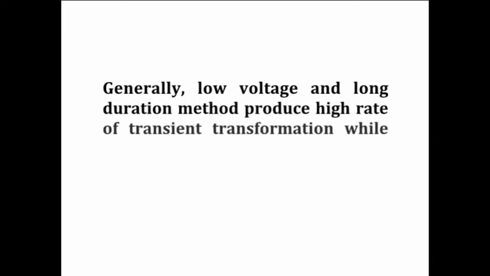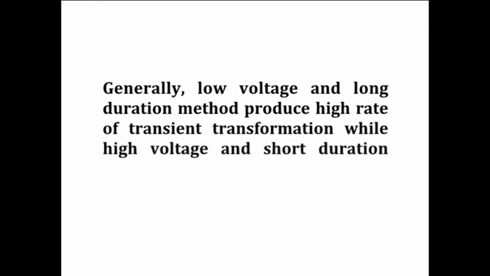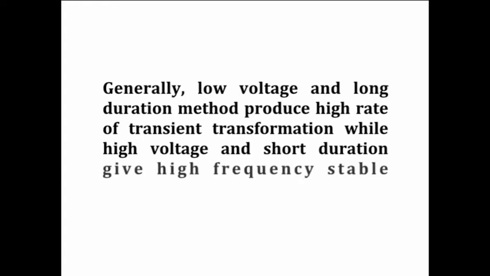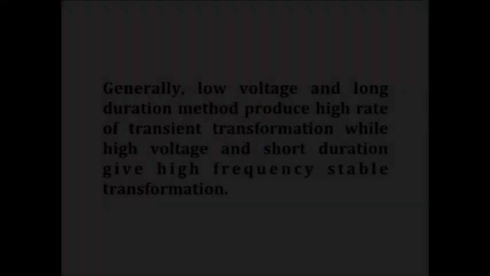Generally, low voltage and long duration method produce high rate of transient transformation, while high voltage and short duration give high frequency stable transformation. Protoplasts of tobacco, petunia, maize, rice, wheat, and sorghum have been successfully transformed using electroporation.